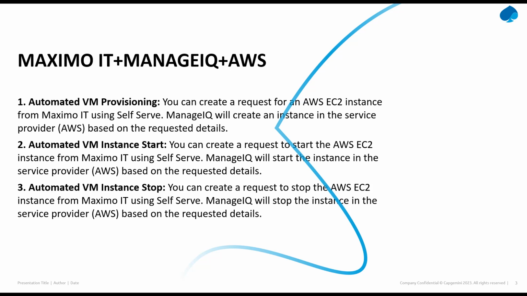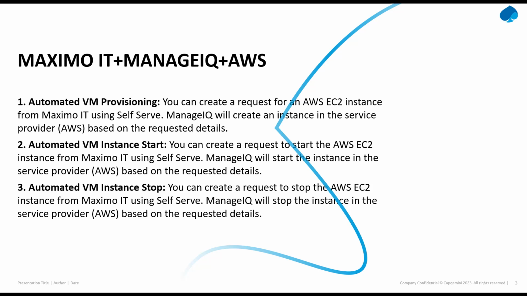So this is one. Second is the automated VM instance start. The user can also create a request to start the AWS EC2 instance from Maximo IT using self-serve. Here, the user will be sending a service request to start a VM on AWS. ManageIQ will start the instance in AWS, again based on the requested details.